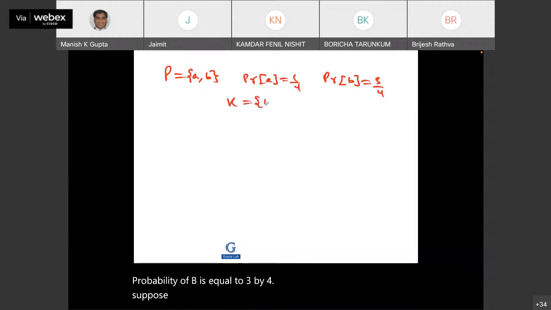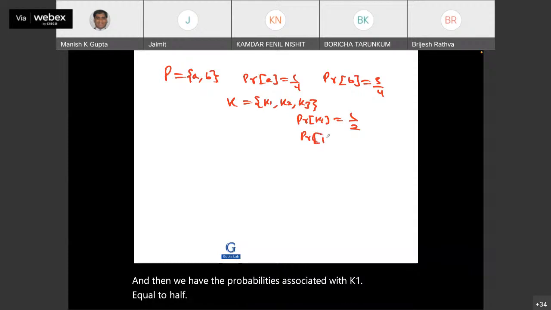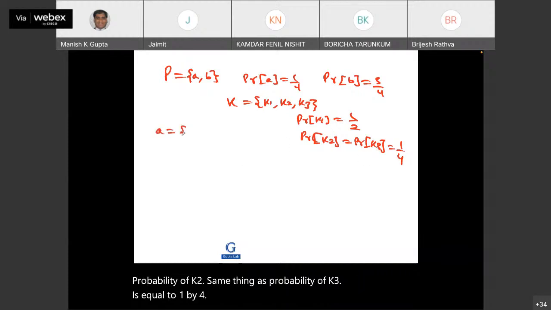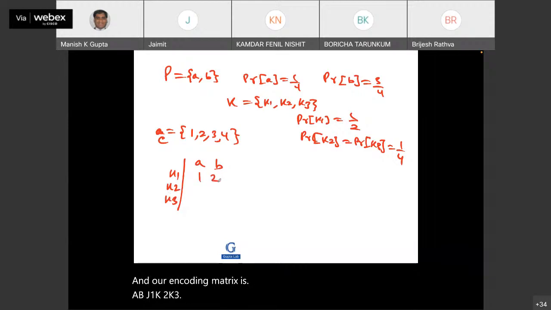Suppose the key space consists of 3 keys, k1, k2, k3, and the probabilities are: probability of k1 is equal to 1/2, probability of k2 is the same as probability of k3, equal to 1/4. C, the ciphertext, is {1, 2, 3, 4}, and our encoding matrix is: for a, b and k1, k2, k3: 1, 2, 2, 3, 3, 4.